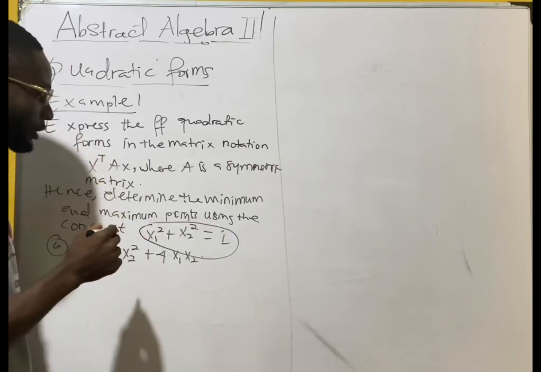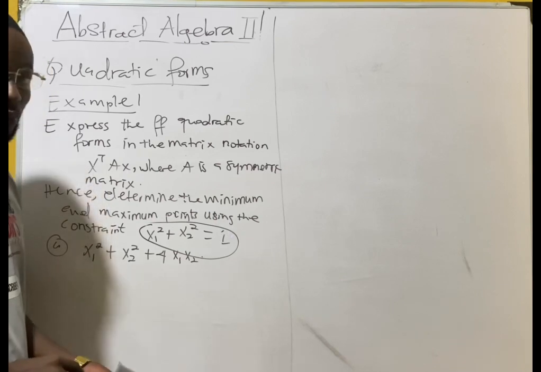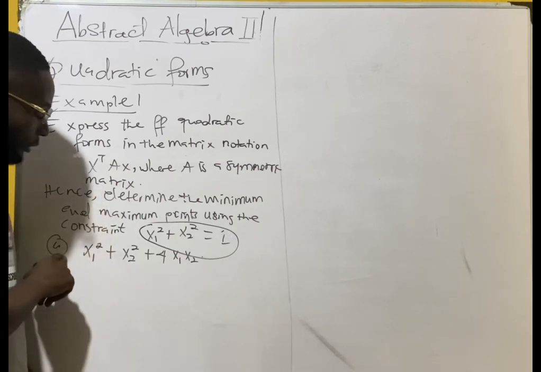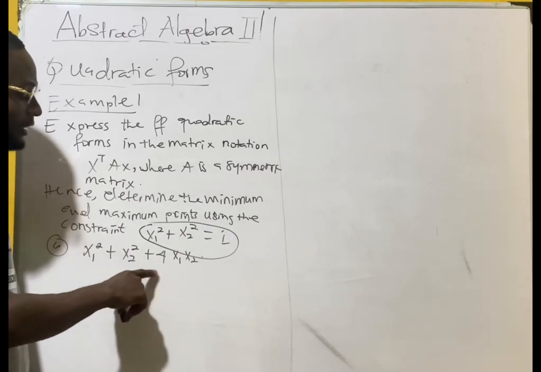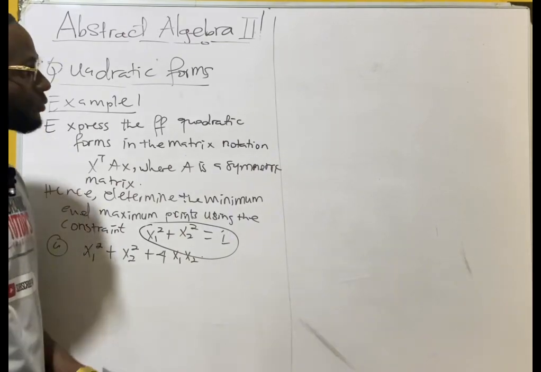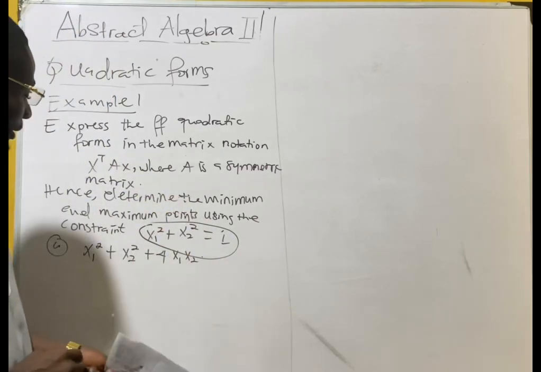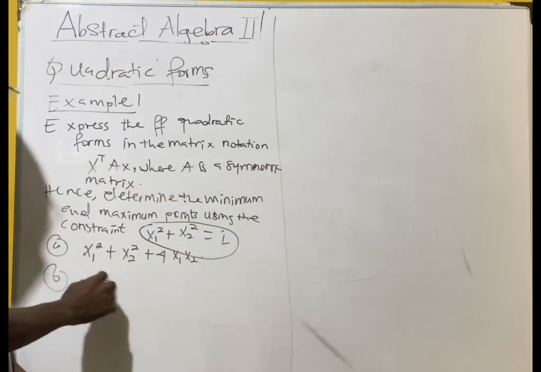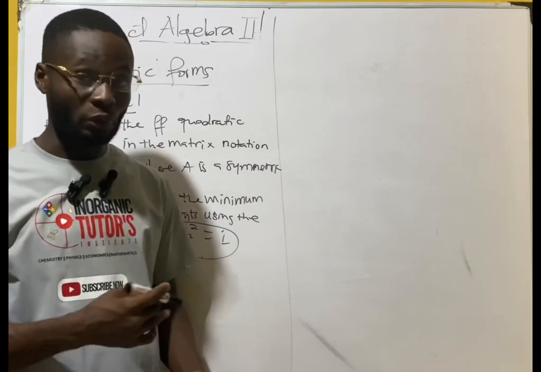This is our constraint: x1 squared plus x2 squared equals 1. And the problem is x1 squared plus x2 squared plus 4 x1 x2. Now, we have the B part, but I want us to finish with A first, then I'll go on with that.